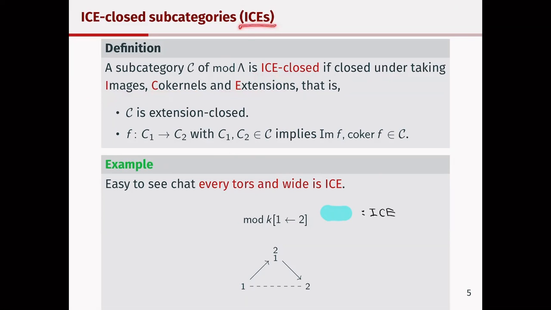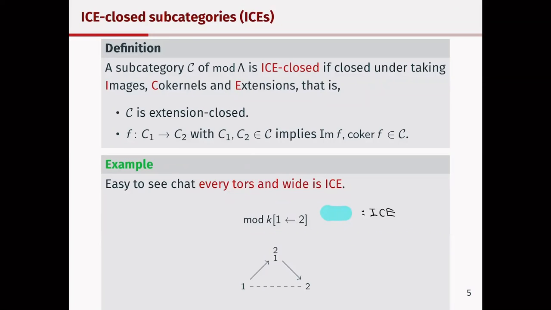The precise meaning is that C is extension closed in the usual sense, and for every map between objects in C, its usual image and usual cokernel as lambda modules also belong to C. So it is closed under taking images and cokernels of maps in C. From the definition, it's easy to check that every torsion class and wide subcategory is ICE closed.